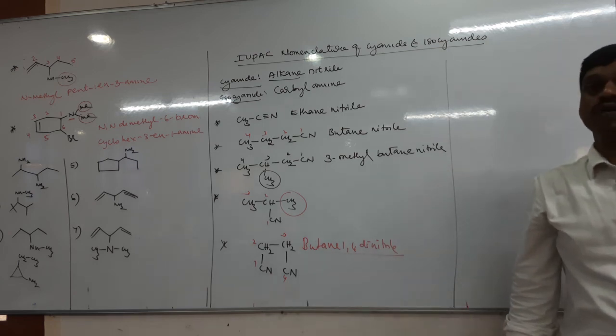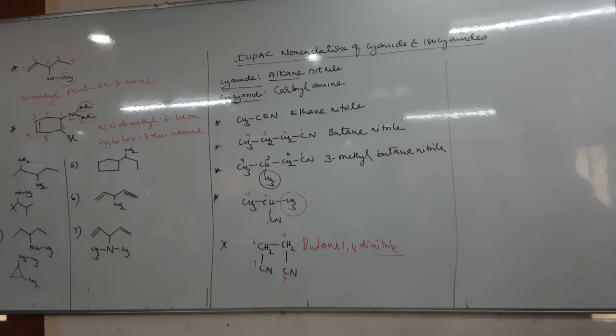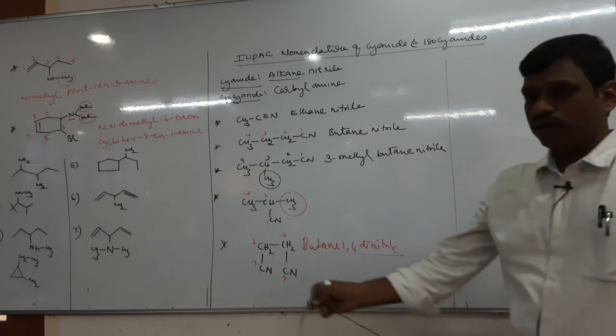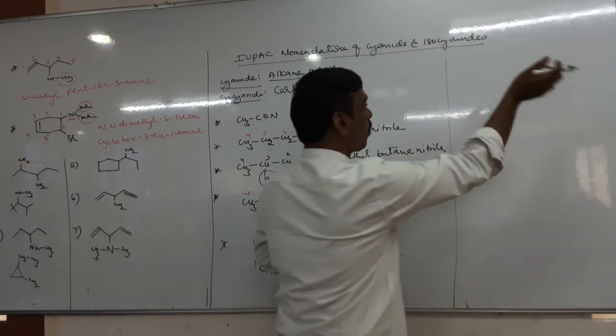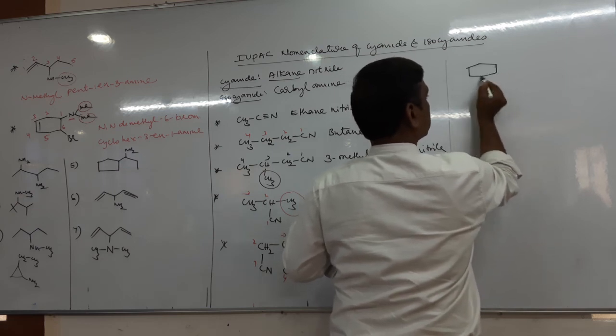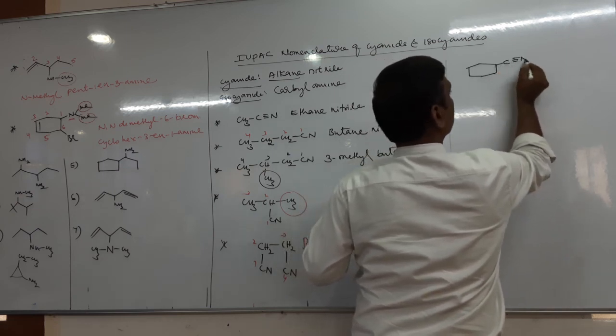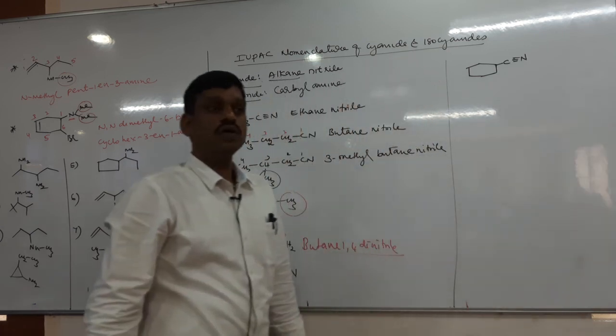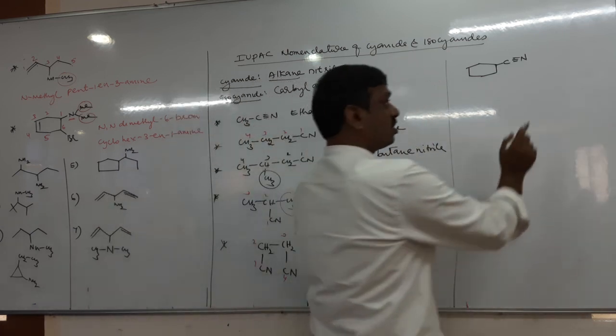Do you remember? When cyanide group is directly attached to a cyclic ring, it has another name. See the notes. Like cyclohexane, C triple bond N, carbonitrile. Then this is called carbonitrile.